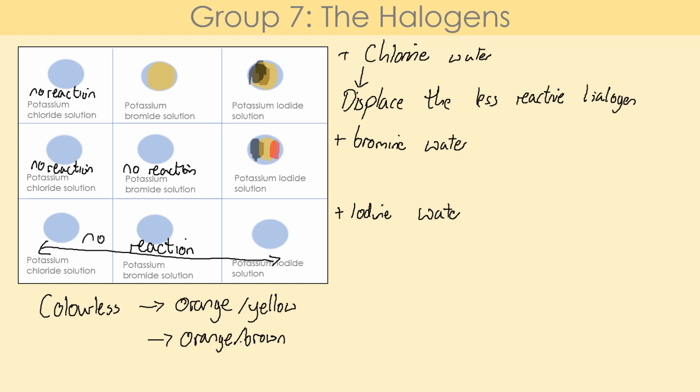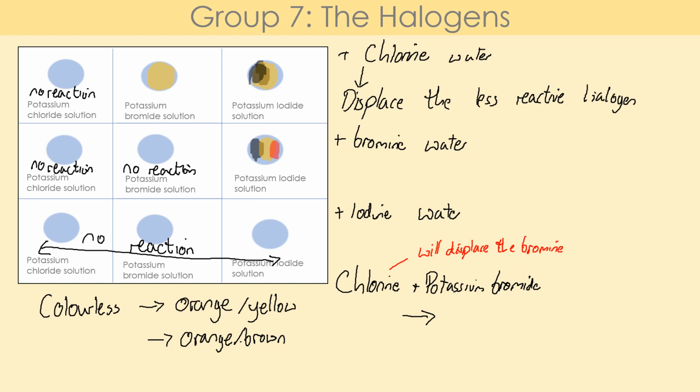You may also have to write an equation for it. So our more reactive one displaces our less reactive one. So if I had chlorine plus potassium bromide, my chlorine will displace the bromine.